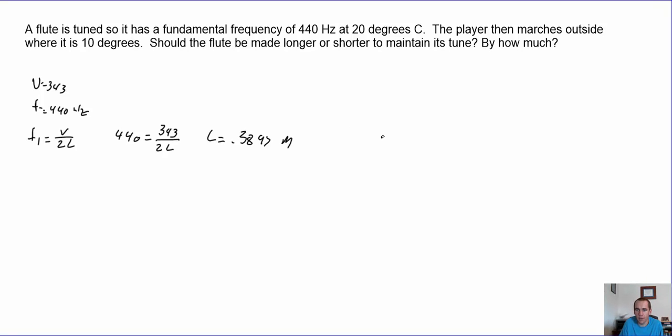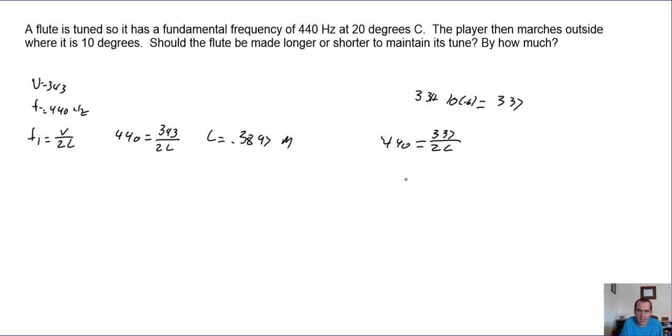Well, we want to maintain that 440 Hertz. But now the speed of sound is not 343, it's 331 plus 10 times 0.6, which is 6. So 331 plus 6 is 337. So now I have 337 over 2L. Okay. Well, the new length of my tube, remember I'm adjusting it, is given by 337 divided by 880.